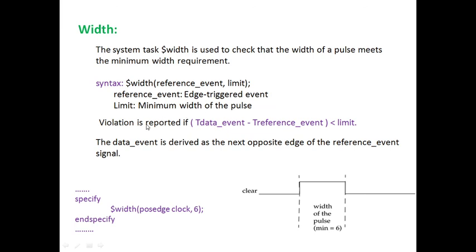Now, why is the data event not specified explicitly for $width? The reason is that the data event is derived as the next opposite edge of your reference event. For example, if this is my reference signal and it is my reference event, it is an upgoing, leading edge, and this is my trailing edge.